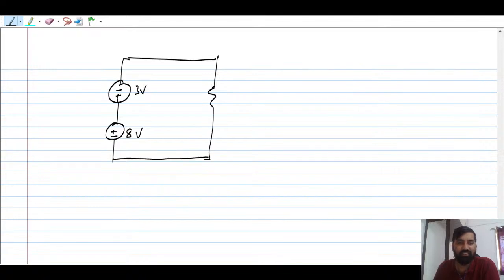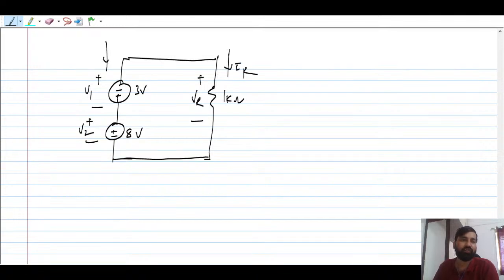So I think this is clear. Now you see, this is VR, and this resistor has the value 1K. The voltages across the sources are V1 and V2. According to passive sign convention, the current flowing through the resistor is IR.